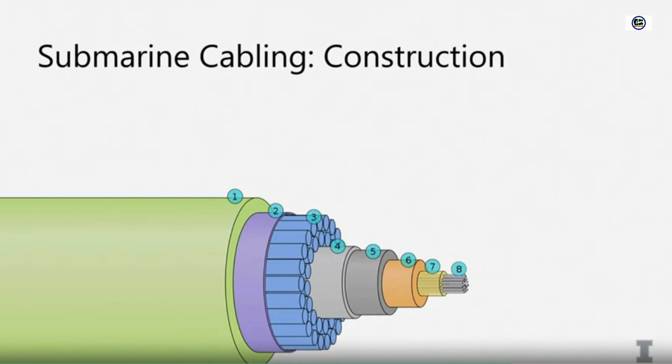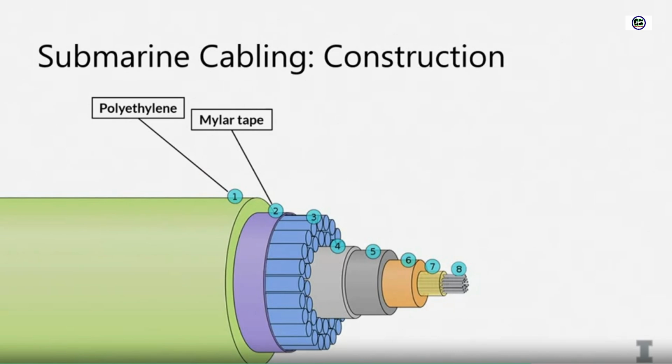So how can we build a resilient cable in the first place? How can we make cable resilient to water? Well, let me show you submarine cabling and how that works. There is the cable that carries the information, and the cable has outside of it multiple different layers. And each of these layers has a purpose. So first of all, in the outermost level, we have polyethylene coating, and we have mylar tape.